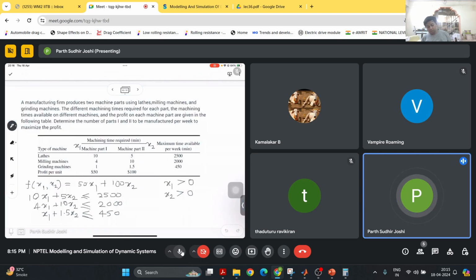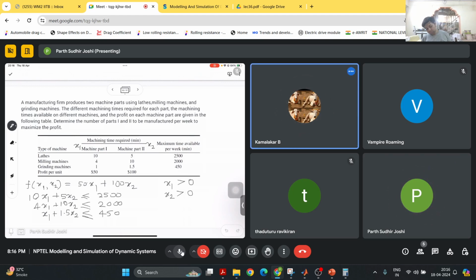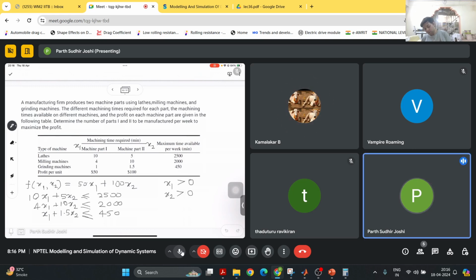We can plot these lines using the x and y intercepts. So for the first constraint, we get the points 250 comma 0 and 0 comma 500.